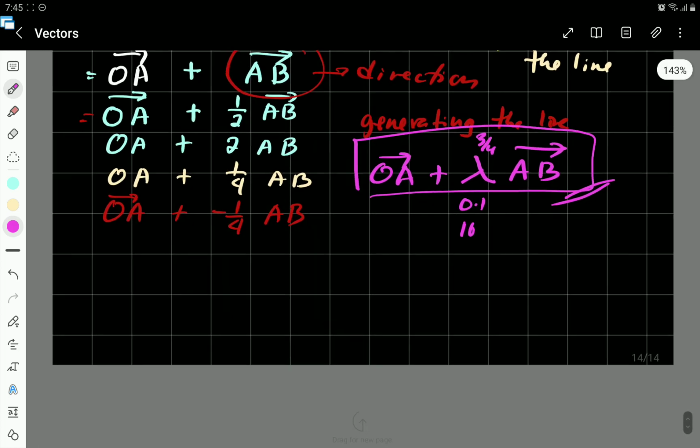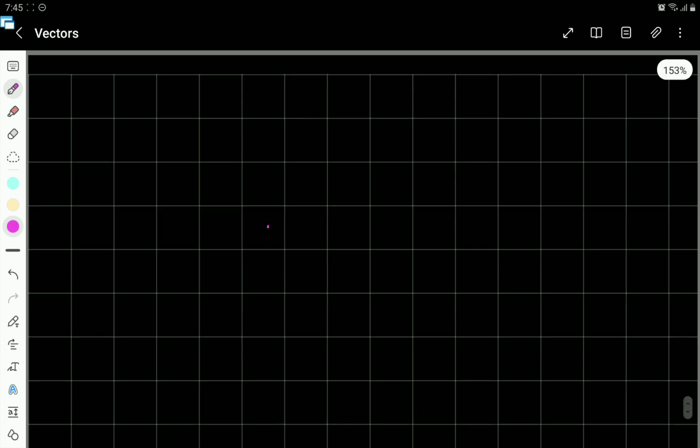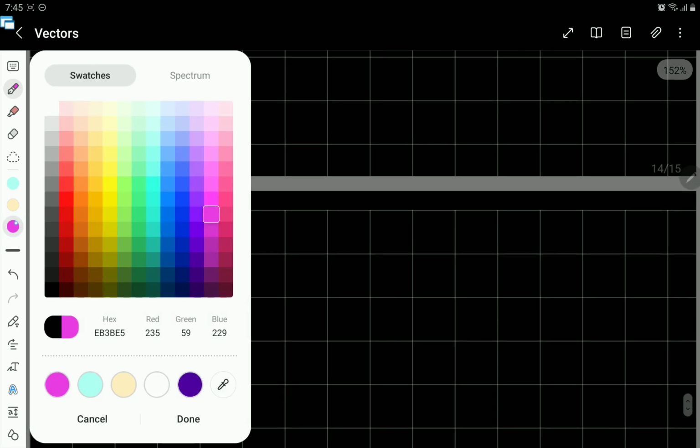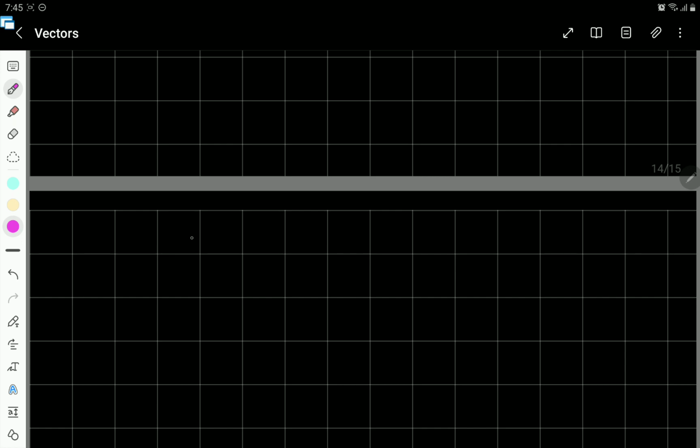Let's try to generalize this. That's basically this one. OA plus some lambda times the vector AB is actually the equation of a line. Okay, that is an equation of a line.